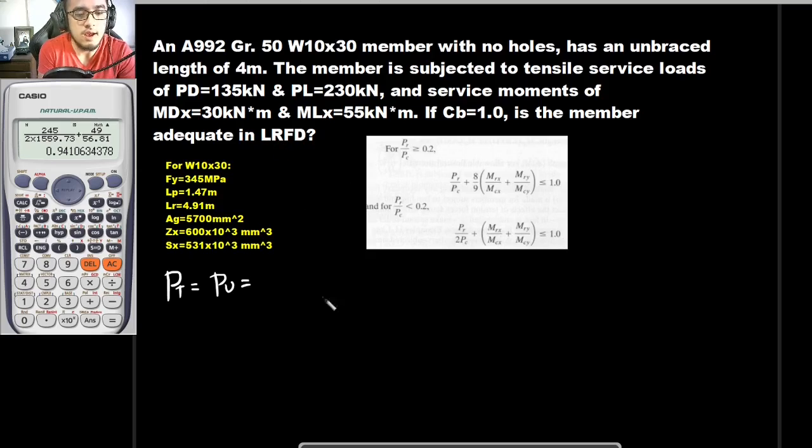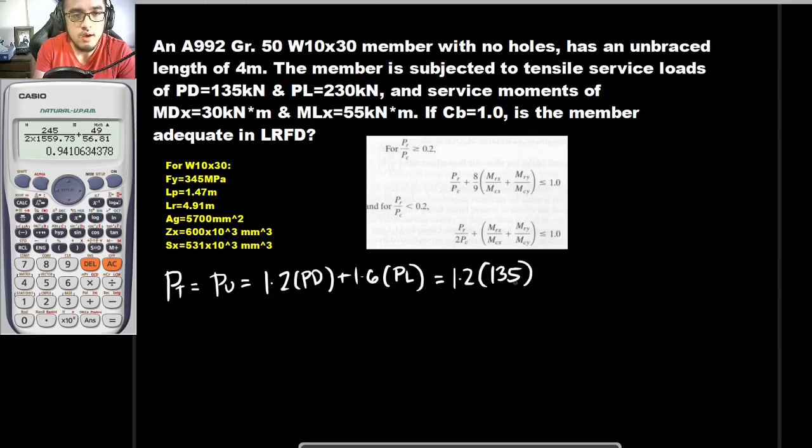So LRFD, that is to be 1.2 times PD plus 1.6 times PL. So 1.2 times PD, and our PD is equal to 135, plus 1.6 times PL, which is 230 kilonewtons.